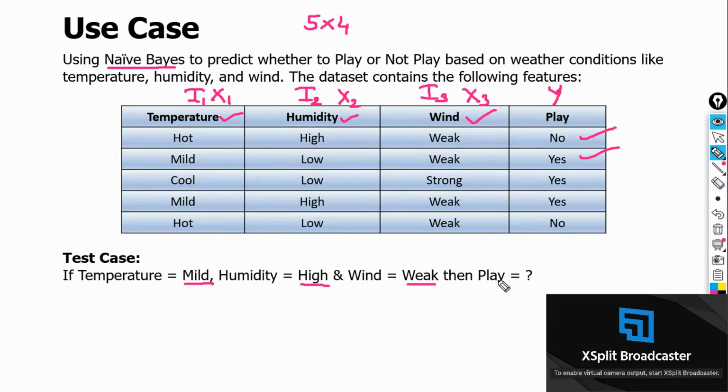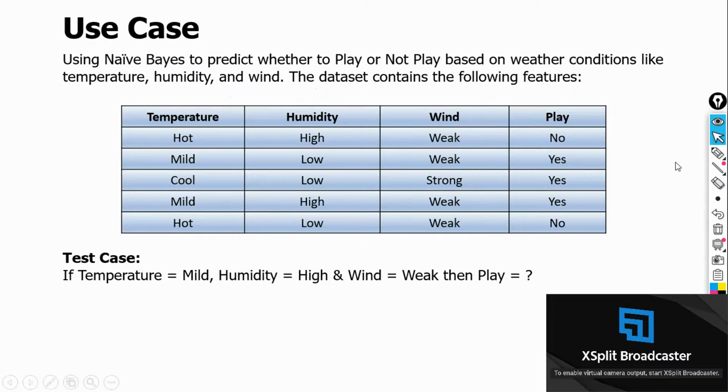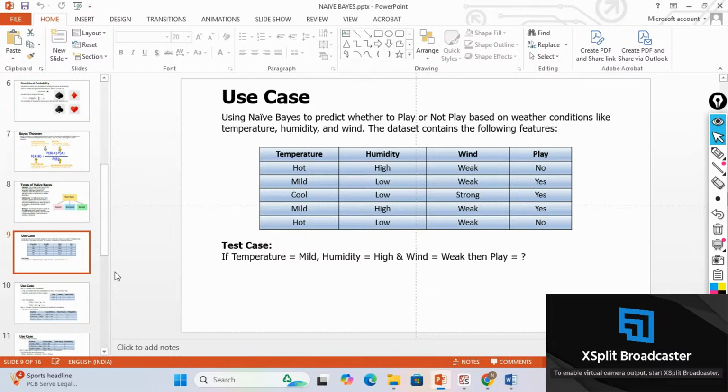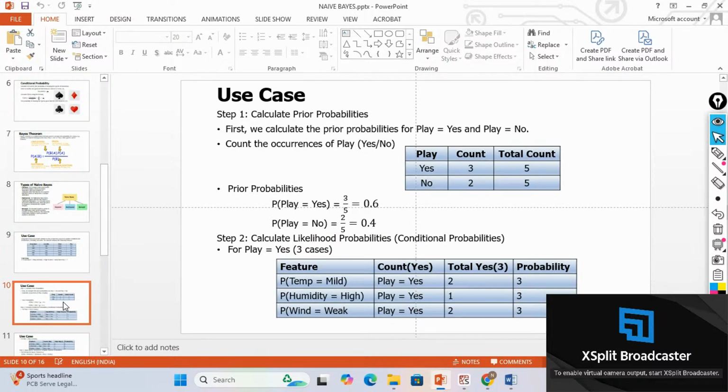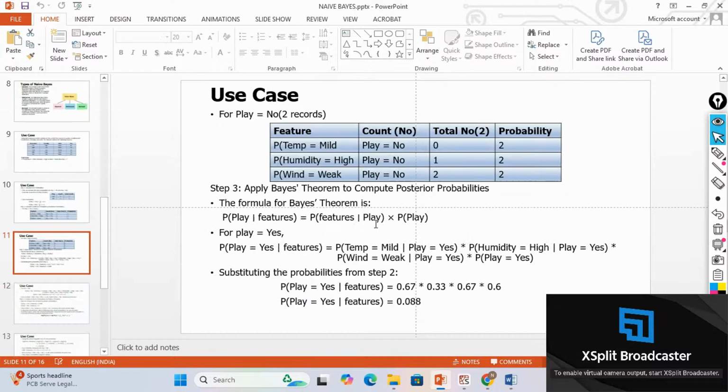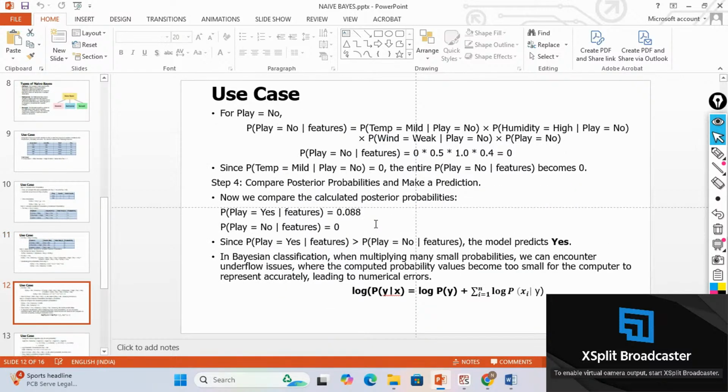Probably you may not understand this as we keep going, because I was including a lot of calculations.